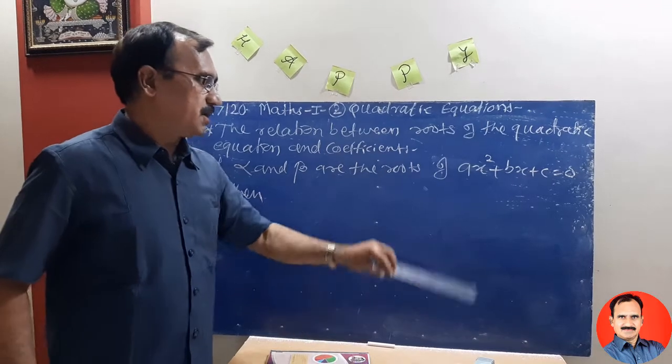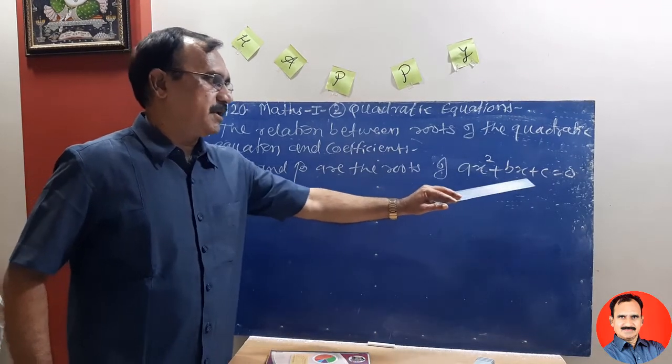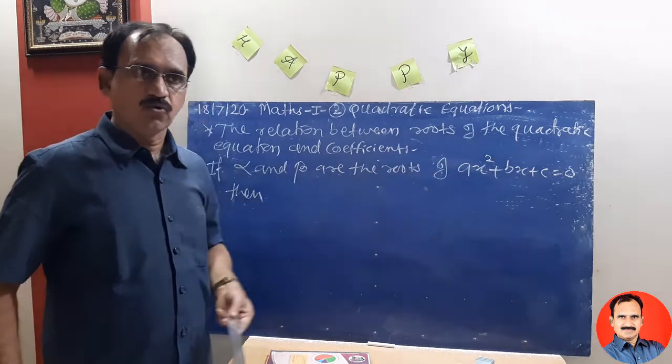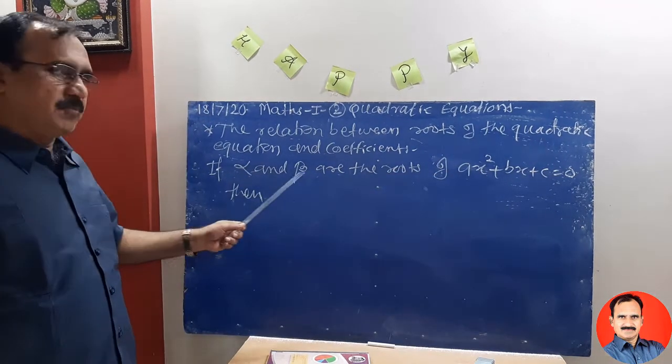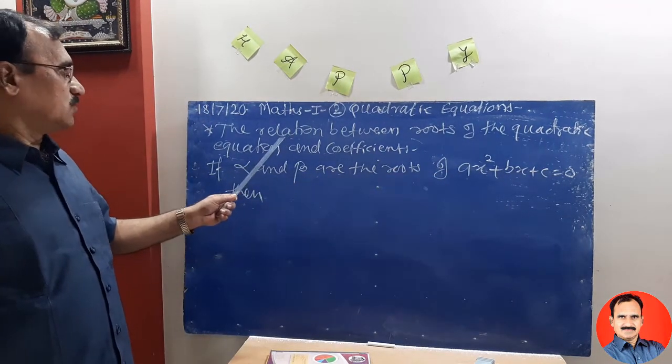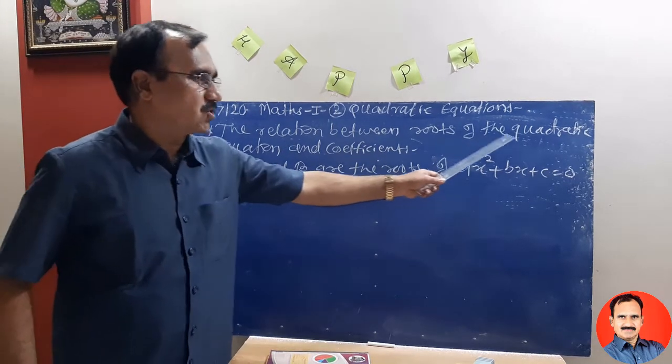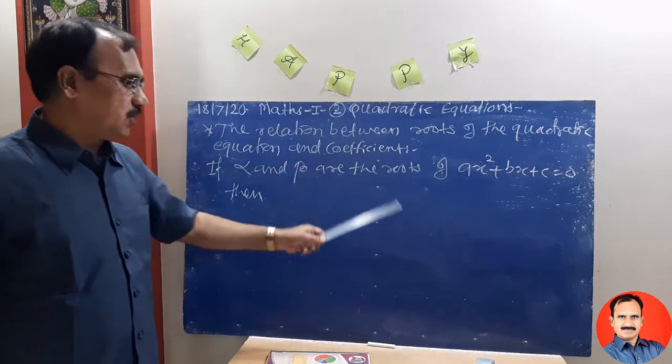Here the quadratic equation will be ax square plus bx plus c is equal to 0. A, B, C are the coefficients. Alpha and beta are the roots. And we are going to see here the relation between the roots of the quadratic equation and the coefficients.